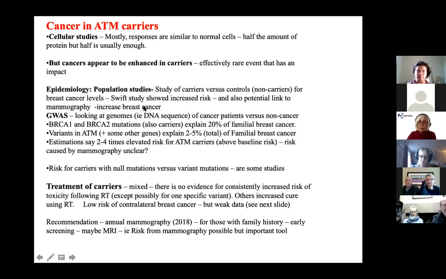The increased breast cancer, I think, is real, but whether there's a link to mammography. The mammography is because it's like X-rays. You get double-strand breaks put in during those X-rays, and as I've told you, ATM has a role in the response to double-strand breaks.